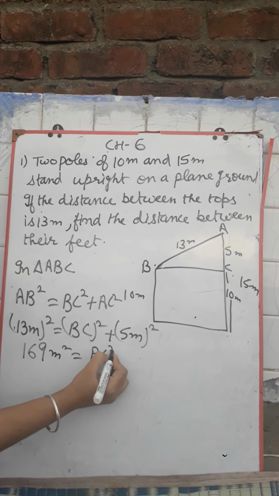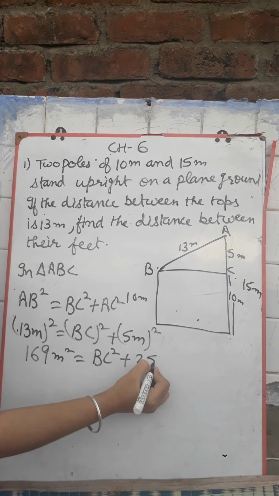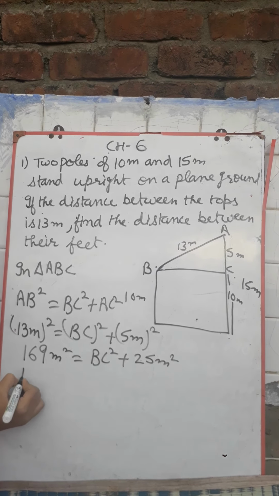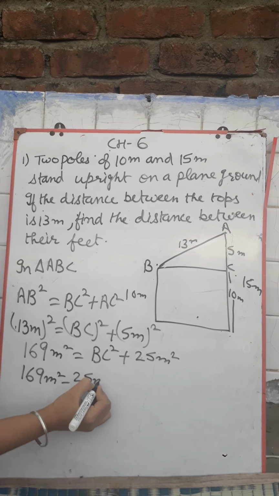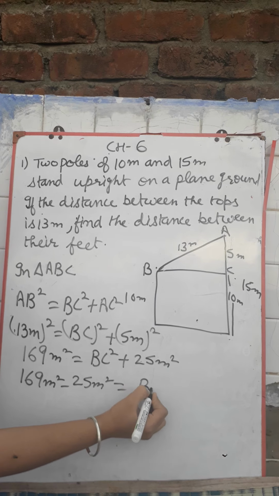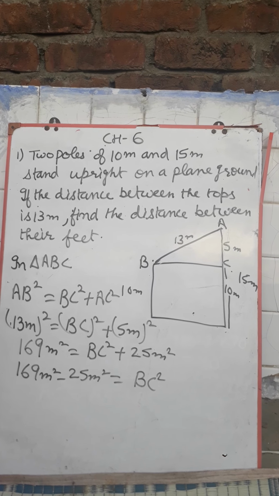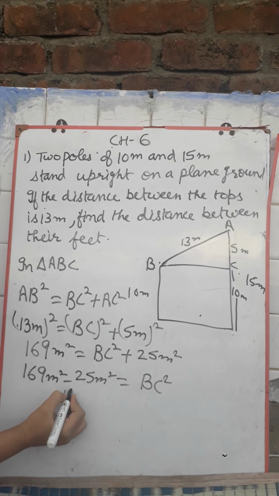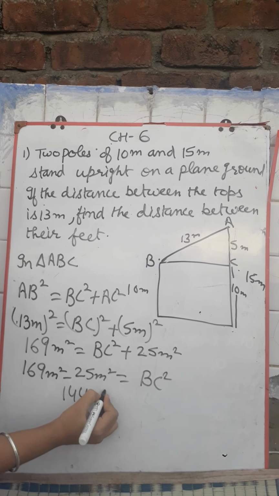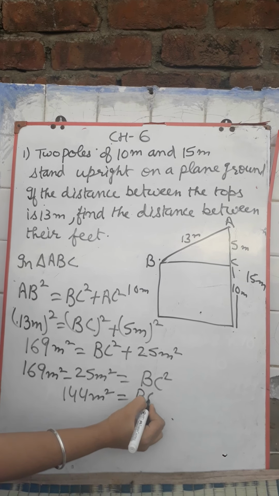BC square plus 5 is a 25 meter square. 169 meter square minus 25 meter square equal to BC square. 169 minus 25 we have 144 meter square equal to BC square.